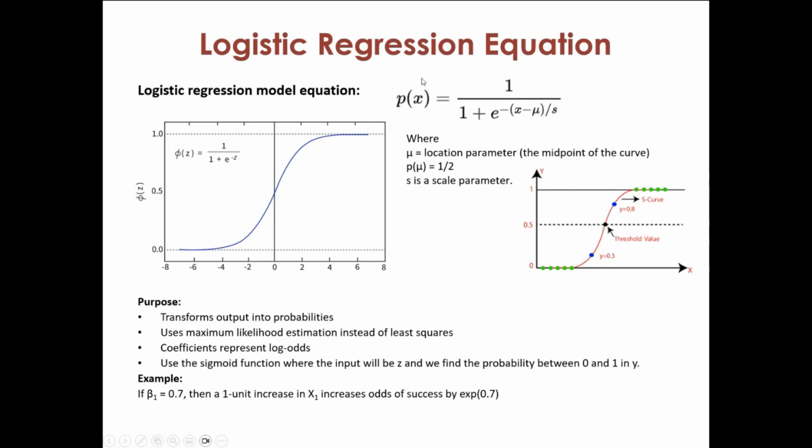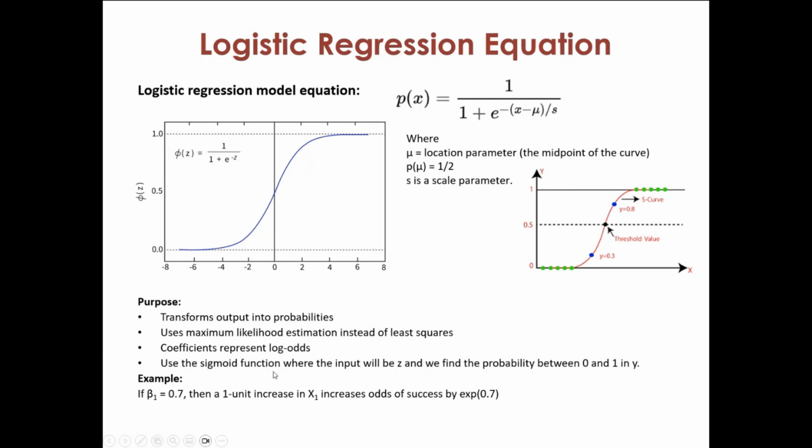So the purpose of using this regression model is to transform outputs into probabilities. It uses maximum likelihood estimation instead of least squares. Least squares is when we are doing linear regression. The coefficient represents the log of odds.